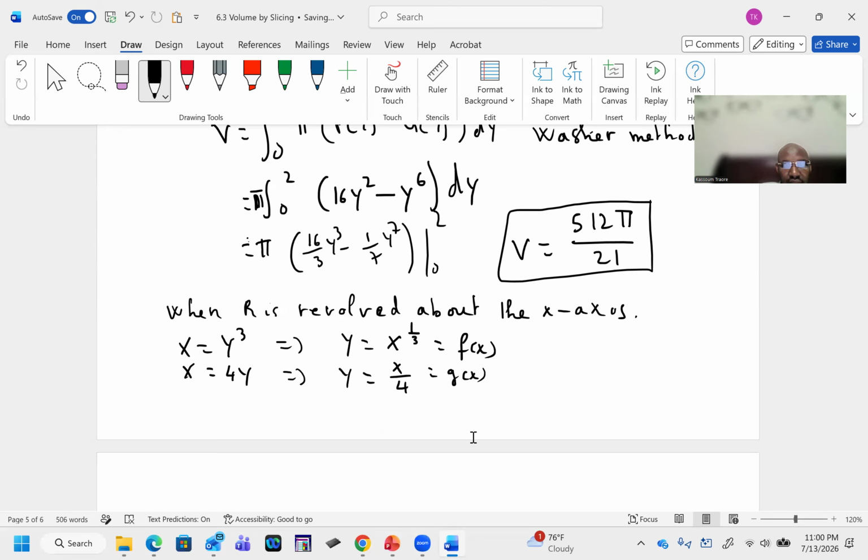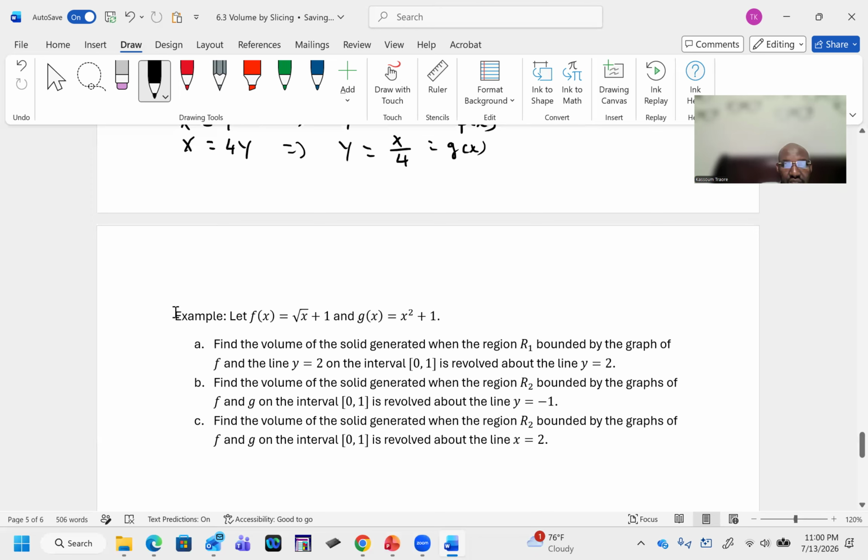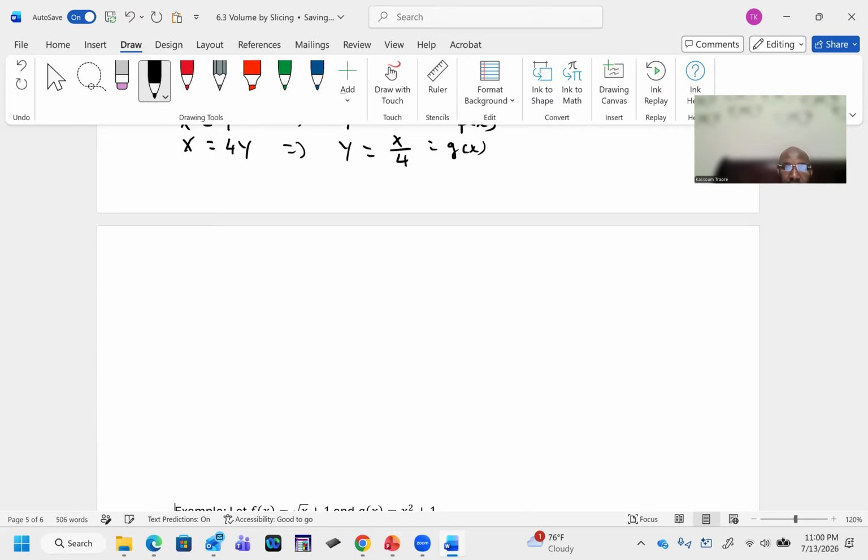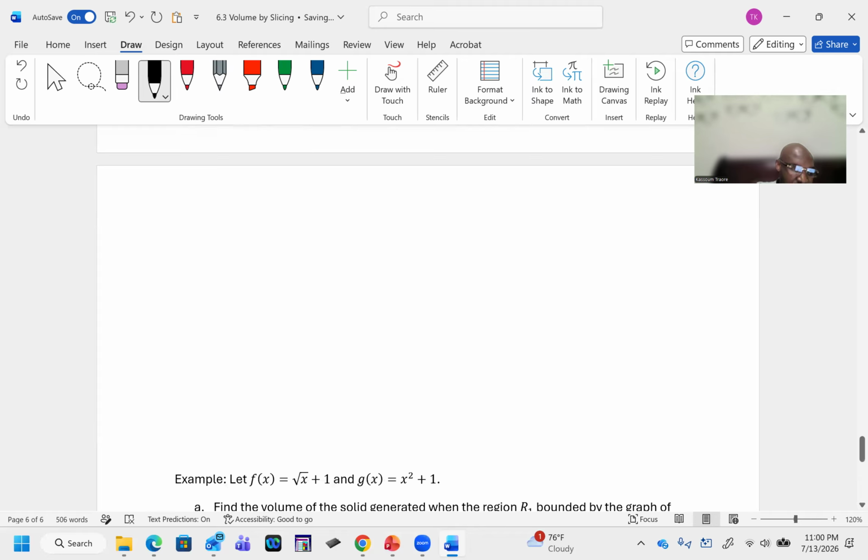Right? So let me go to the next page and continue this one. So you can see, if I sketch this one again, the rule will not change, okay? You have to sketch to know your inner and outer radius all the time.